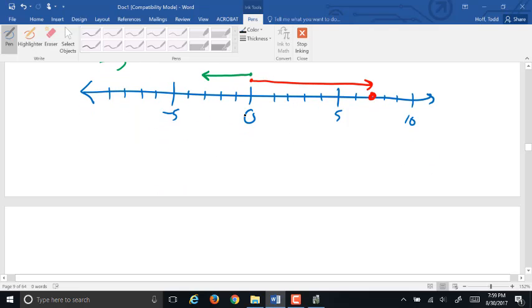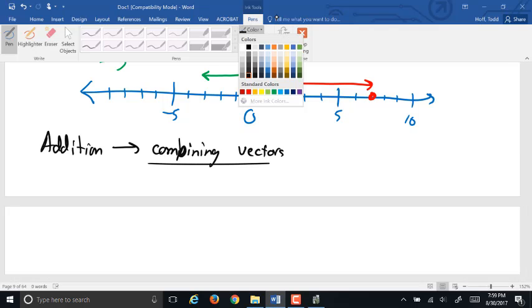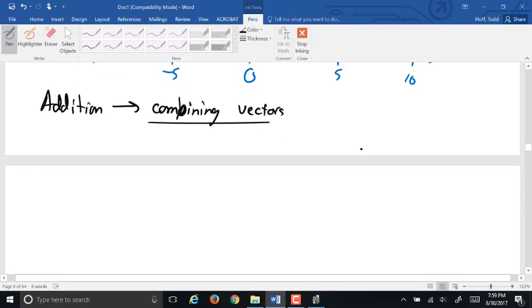The process of addition is just combining vectors. That's actually its literal definition if you go into number theory.